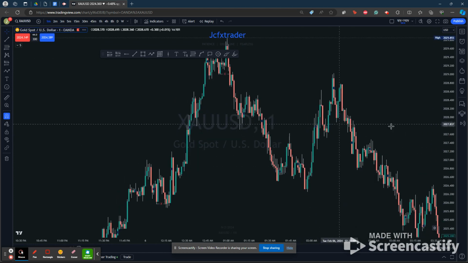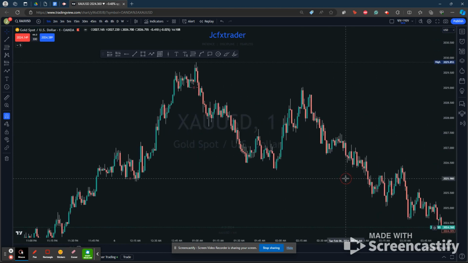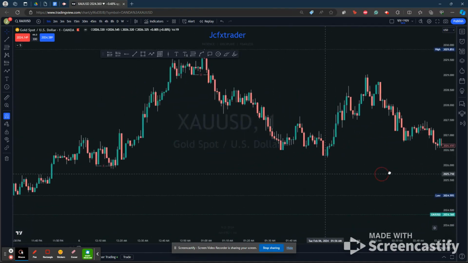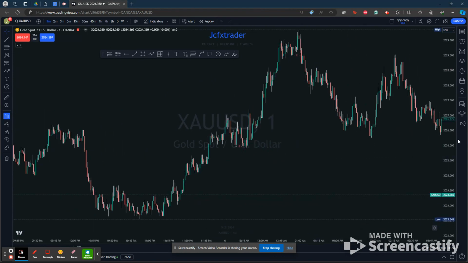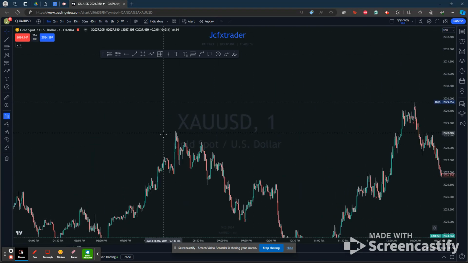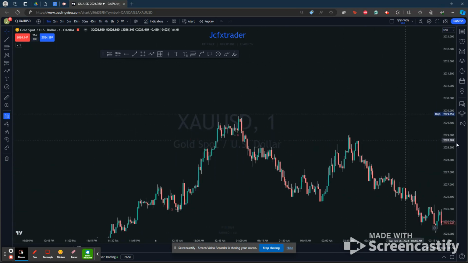Now I've taught you break of structure. I want you to go on your TradingView, find 3 break of structures, and find 1 break of structure that wouldn't be valid. Remember, identify the trend that you're in and the reversal of the trend.